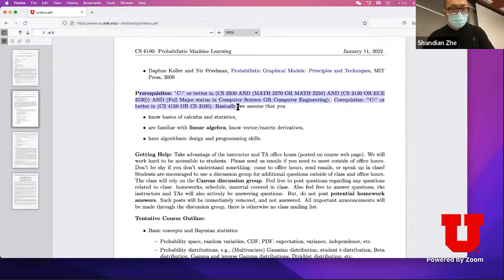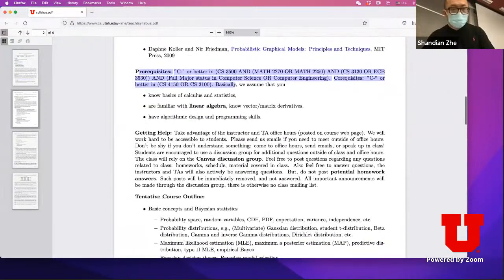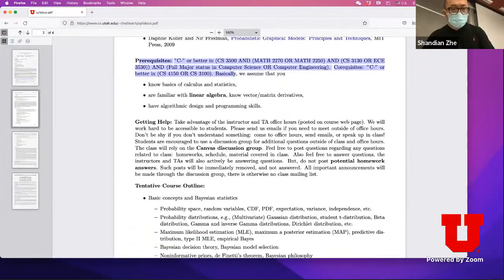Okay, prerequisites. We listed several prerequisite courses, but overall, these prerequisites are just to ensure that everyone knows the basics of calculus and statistics. Again, this is an advanced class. It's not an entry-level class. So certain foundations, certain basic knowledge, are of great importance. And you should be familiar with linear algebra. I highlighted this here.